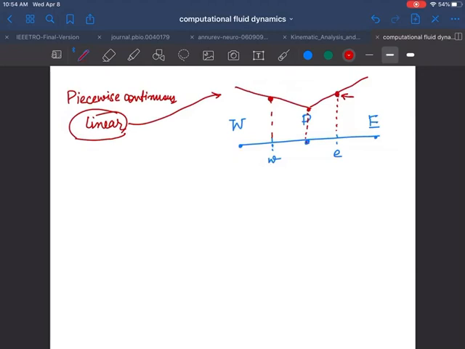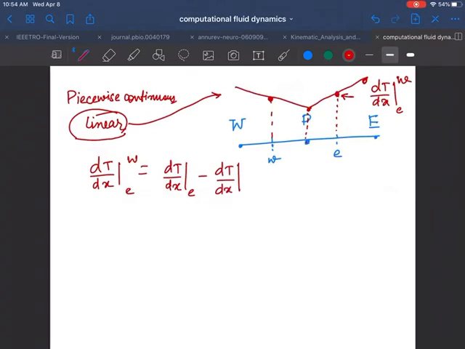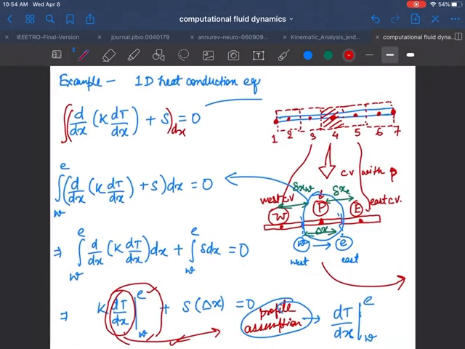So piecewise linear means we can now approximate my dT by dx at this point from E to W. So dT by dx from E to W, I can write as dT by dx at E minus dT by dx at W. We are going to substitute it in this equation.